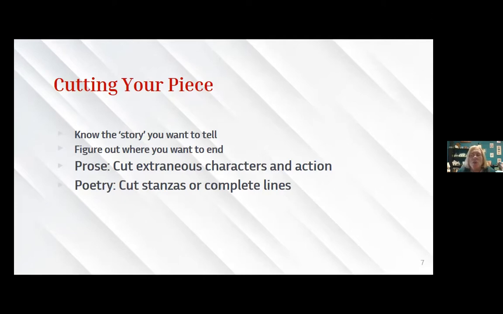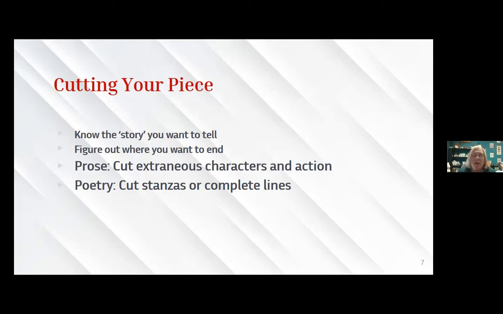Instead, there was a story within the story about the mother, and some things that happened with the mother. And that's the story that we took out of the novel and told just that story itself. So you need to know what your ending is, where you want to end, what story you want to tell.